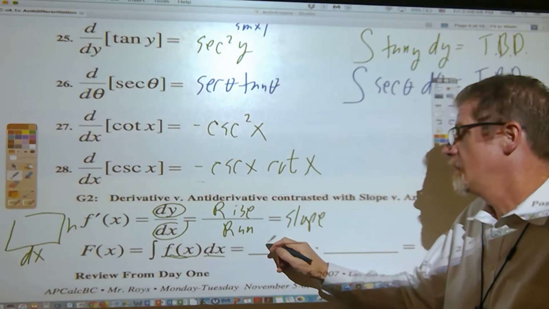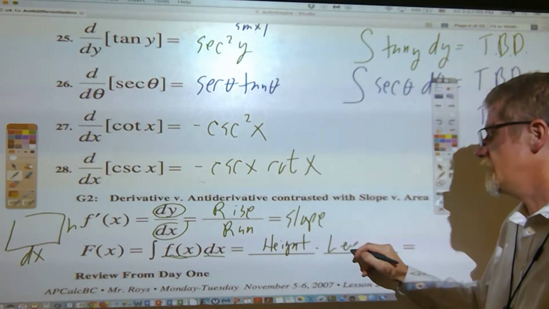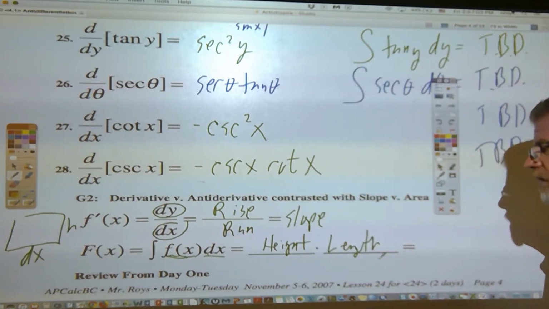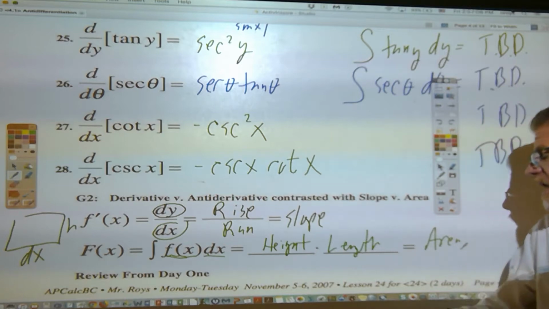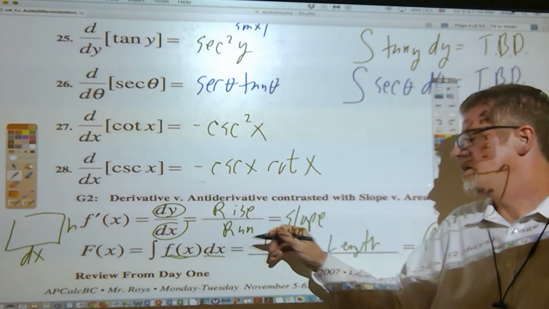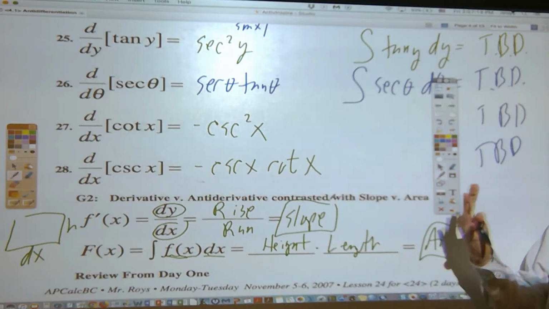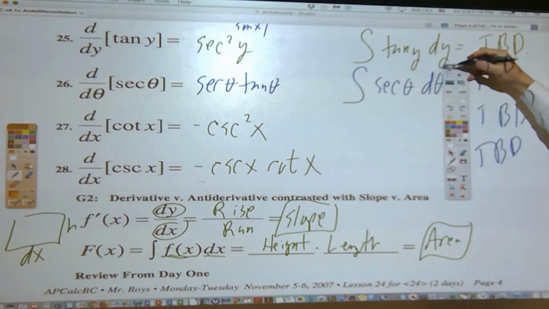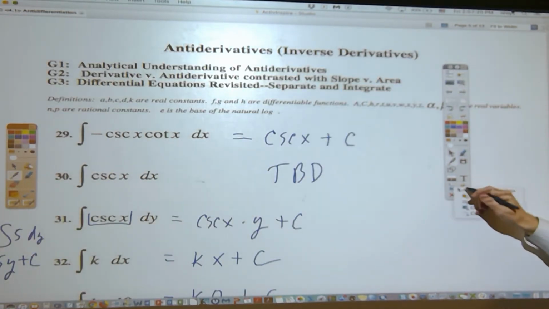You could think of it as height of a rectangle times length, or rise times run. Either way, it's going to give you area. So the antiderivative is going to have applications later on in area problems. The derivative has applications in slope. That's just a physics preview of where this is going. But for now, let's go to the next page and wrap up a couple of problems before we go.